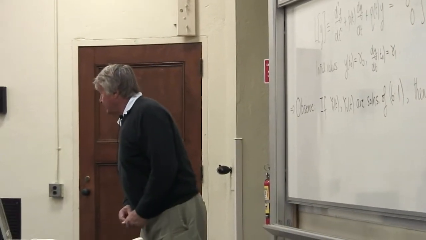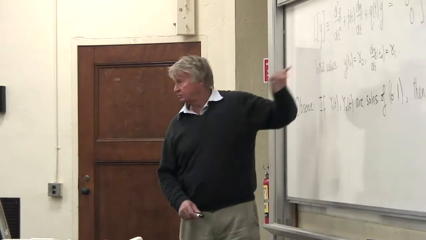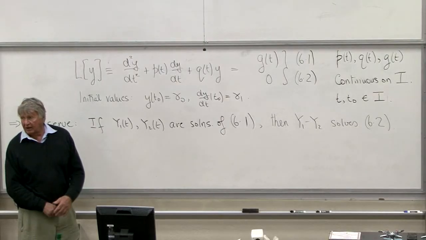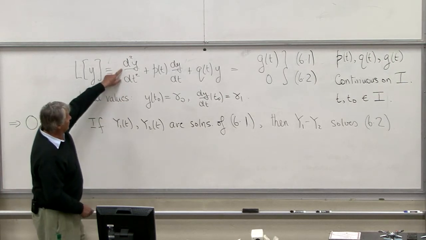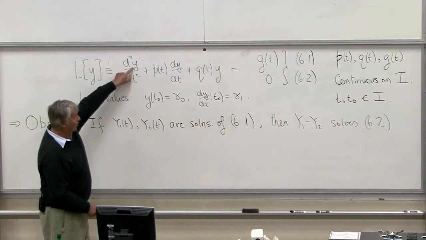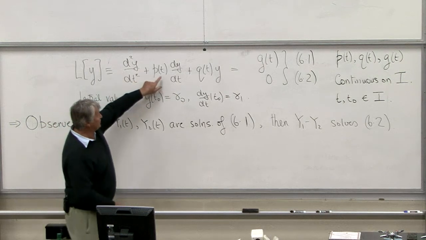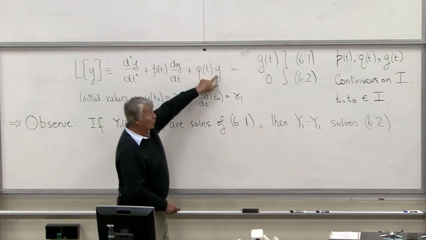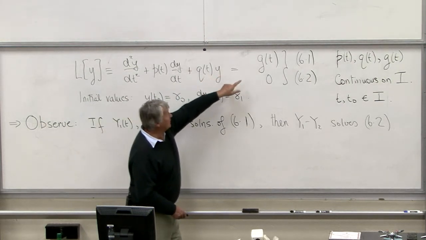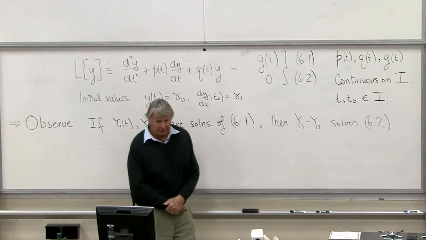I have the very same equation for y2. I subtract the two equations. And what am I going to get? I'll get d2 by dt squared of y1 minus y2 plus p of t times d by dt of y1 minus y2 plus q of t times y1 minus y2 equals g of t minus g of t, which is 0.